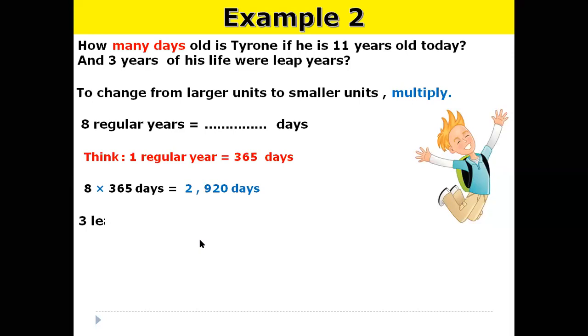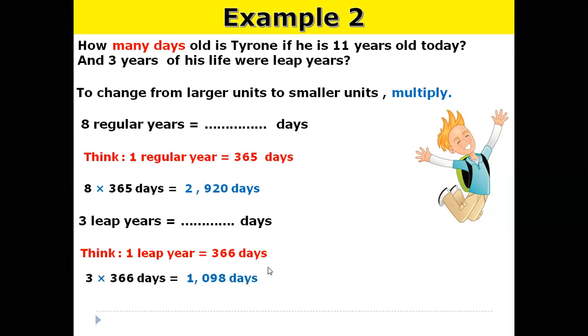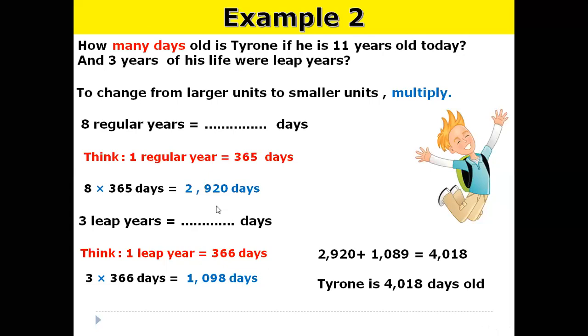In a leap year, how many days do we have? 366. So you multiply 3 times 366, you get 1,098 days. So how old is Tryon in total from the regular years and leap years? You add the 2 numbers of days, and you get 4,018 days old.